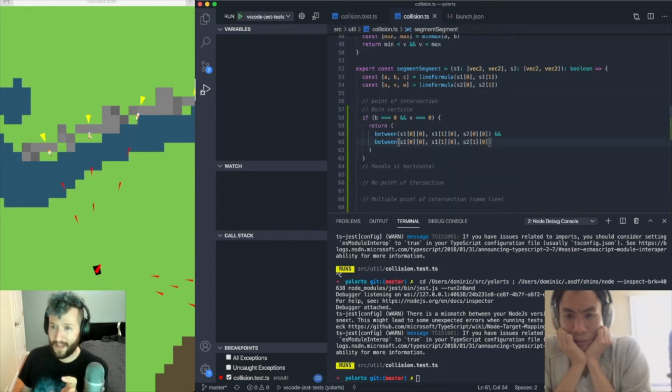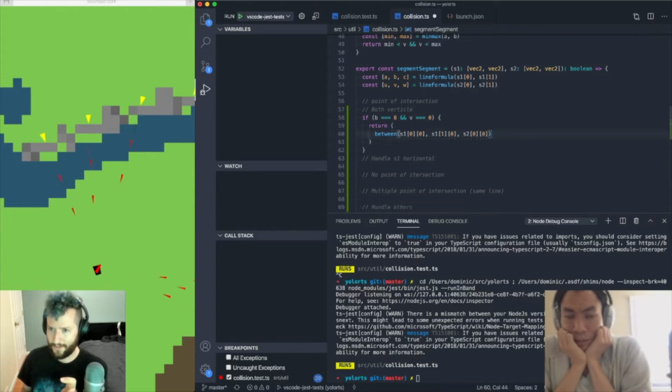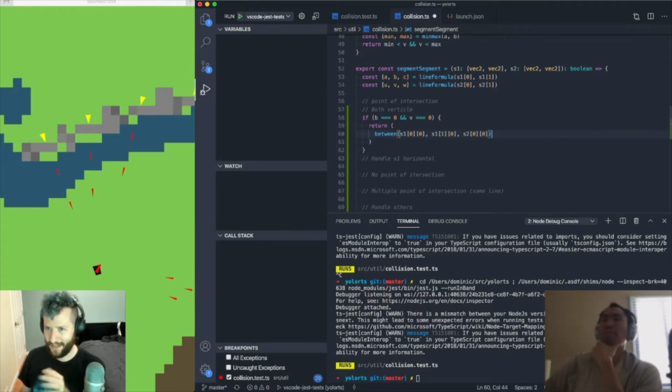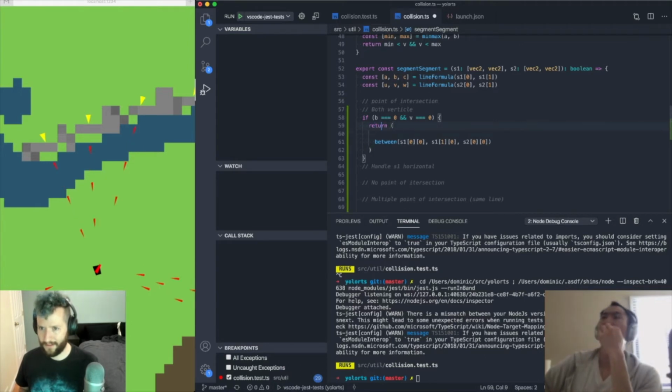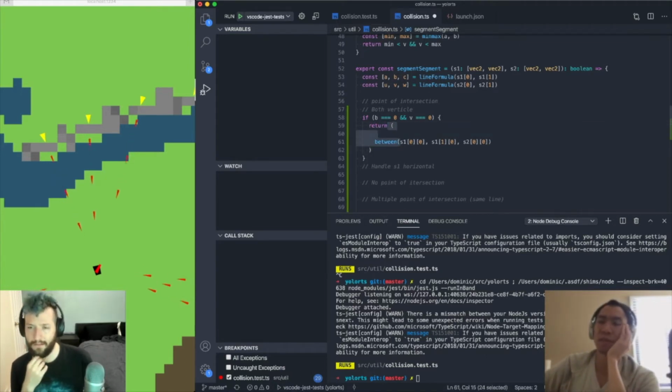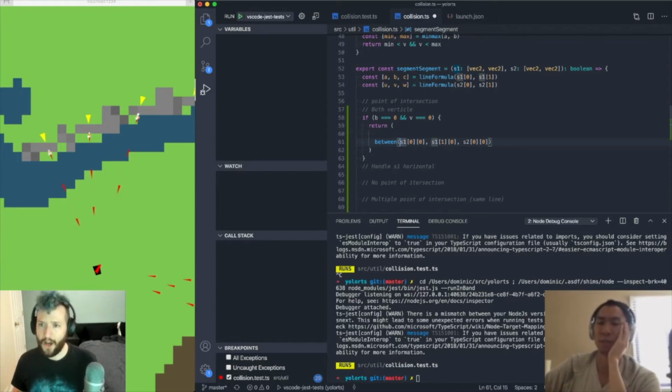Oh, but actually we only need to check one of these if b and v are 0, because it's vertical. If they're vertical, then segment 1's x is also the same, so is it actually an x equivalency check? Yeah. See, the problem though is if it's just an x equivalency check, we're still not checking for y-axis overlap. Oh, sorry, these should all be y. We want to check that x is the same and that the y is somewhere.